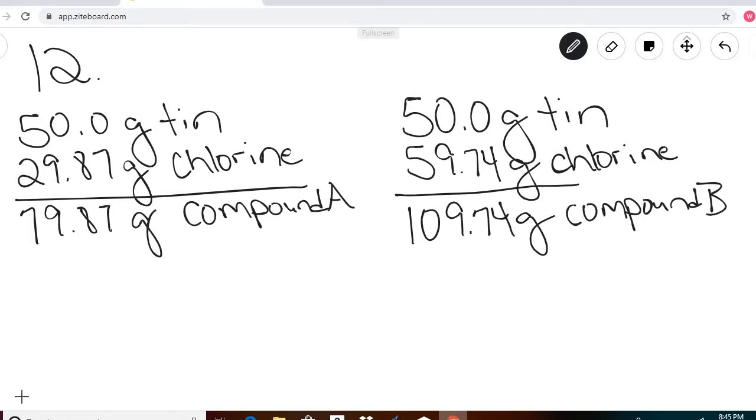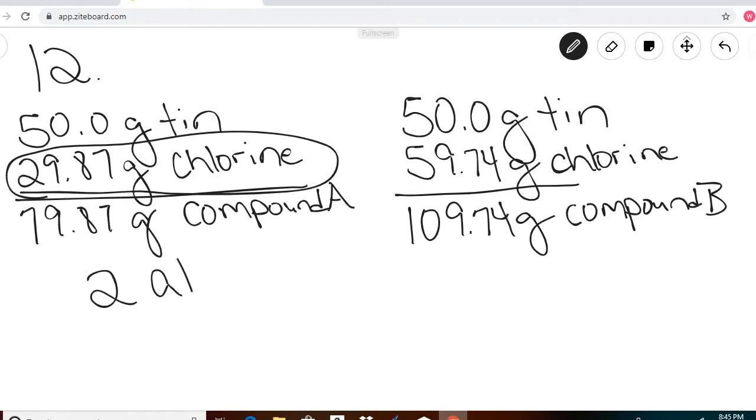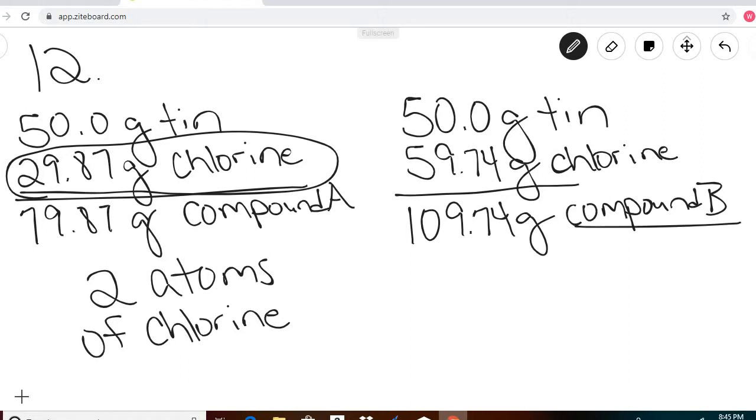Okay, so if the first compound has 2 chlorine atoms in the molecule, how many atoms of chlorine are in the second compound? Okay, so if this amount represents 2 atoms of chlorine, how many atoms of chlorine are in compound B?